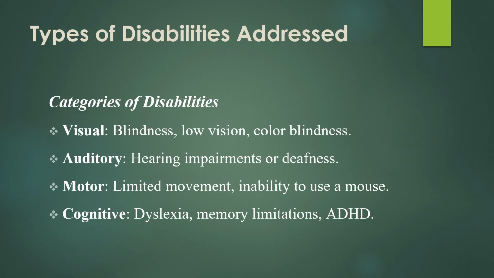Accessibility testing aims to support four major categories of disabilities. Visual, this includes blindness, low vision, and color blindness. Features like screen readers, alt text for images, and proper contrast ratios are essential. Auditory, for users with hearing impairments, accessibility testing includes features like captions for videos and transcripts for audio content.